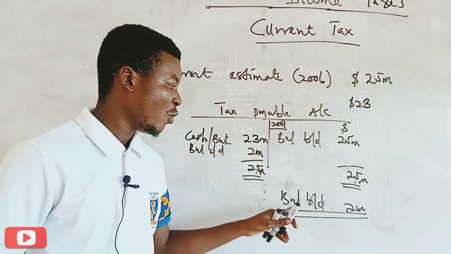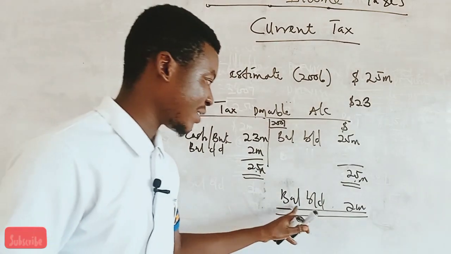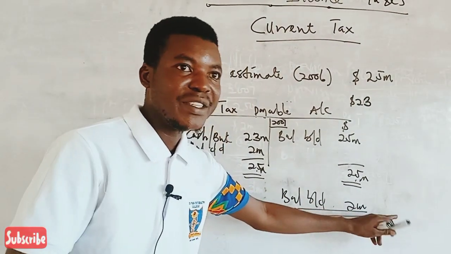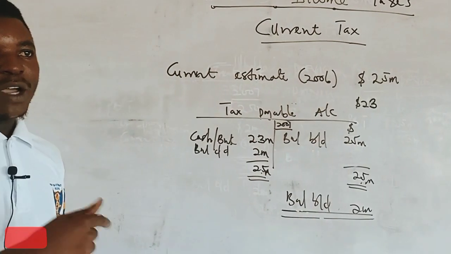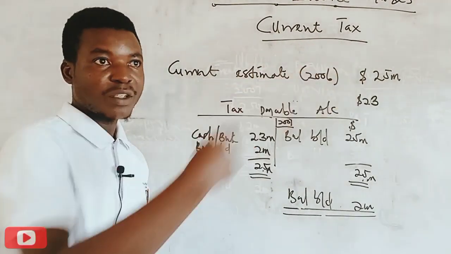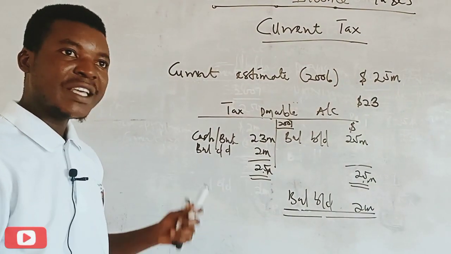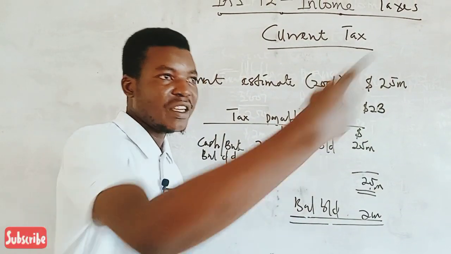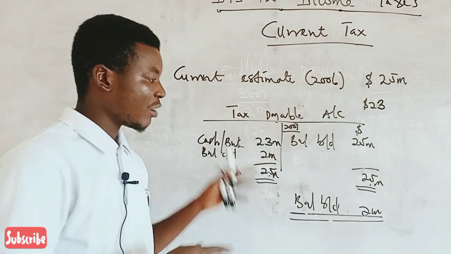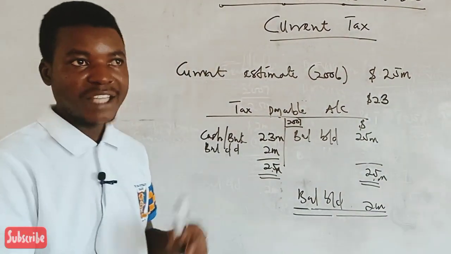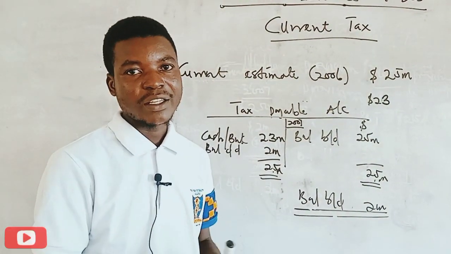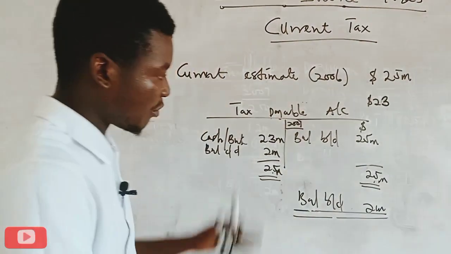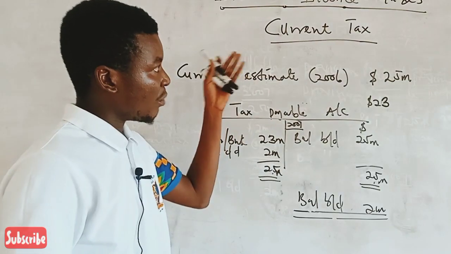When there is a question on tax and they say that the tax account has a credit balance, that means there was an over provision for the previous year. But whenever you see a debit balance, it means there was under provision in the previous year. So credit means over, debit side means under. We are going to pick two questions so that we drive home the topic relating to current tax.